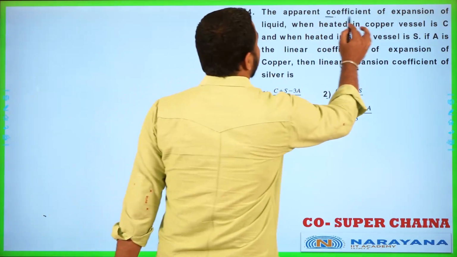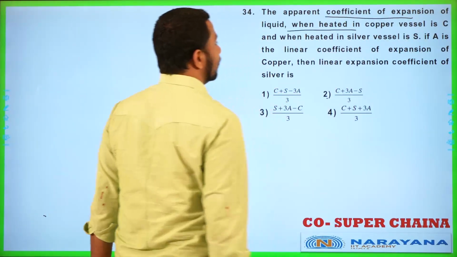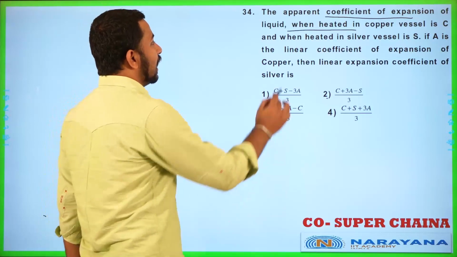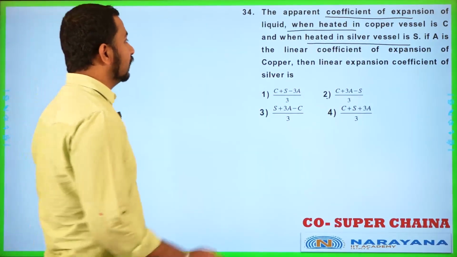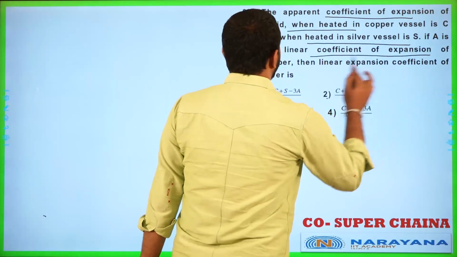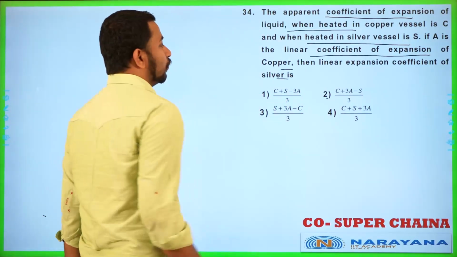The apparent coefficient of expansion of a liquid when heated in a copper vessel is C, and when heated in a silver vessel is S. If A is the linear coefficient of expansion of copper, you have to find the linear coefficient of silver.